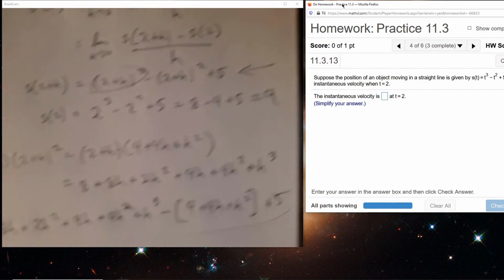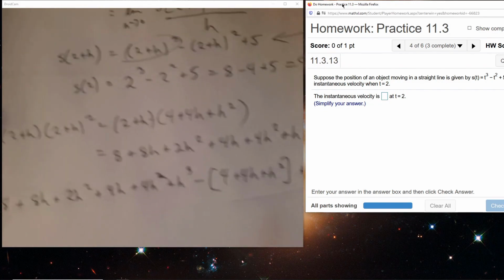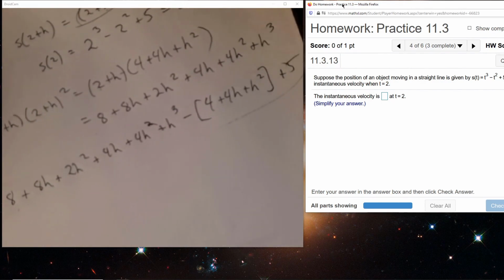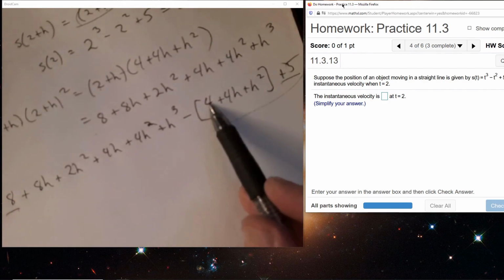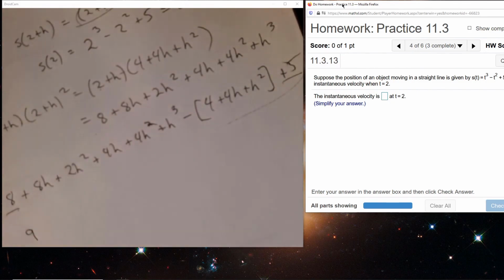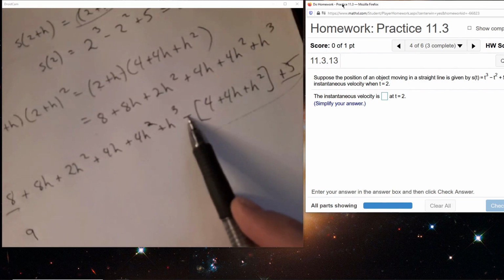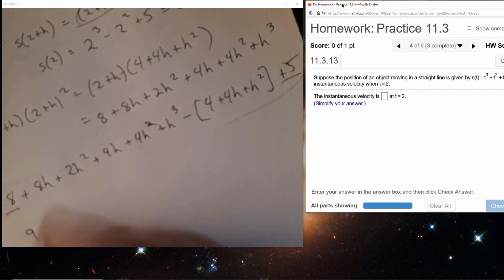So let's see if we can clean this up. I can't even fit that all on the screen. I suppose if I do it at an angle, maybe. So first off, 5 and 8 is 13 minus 4 to get us to 9. 8h plus 4h is 12h, minus 4h is 8h.